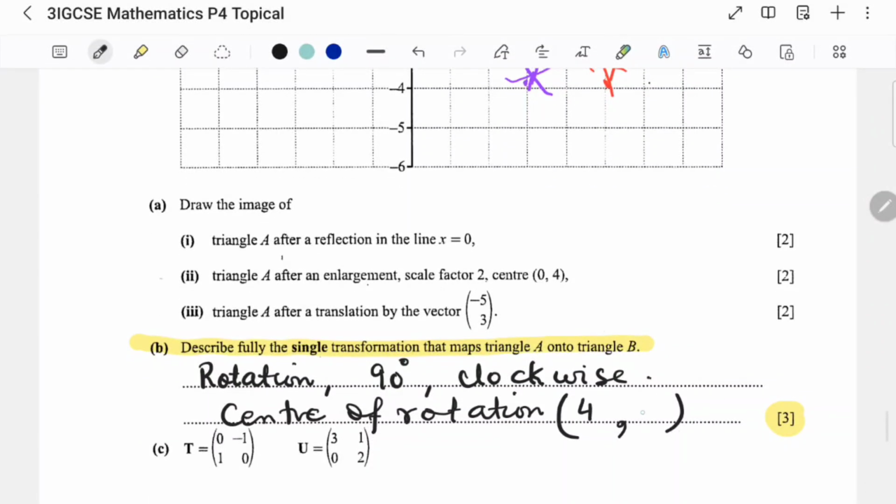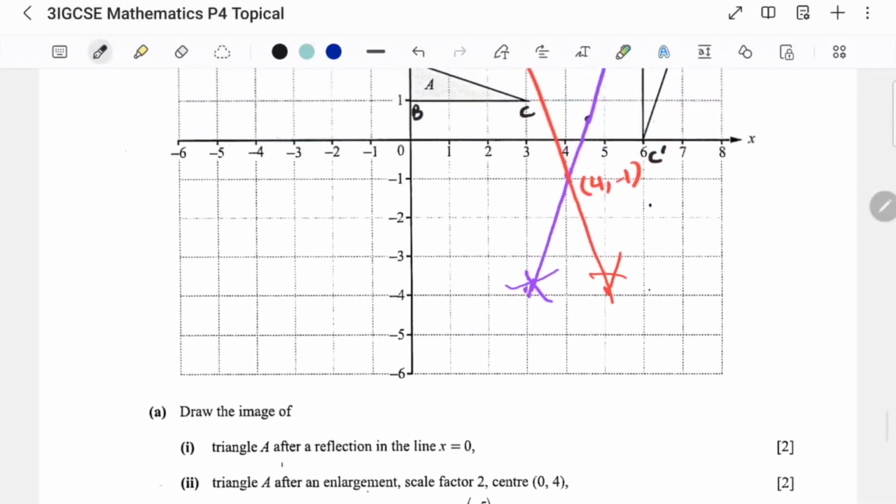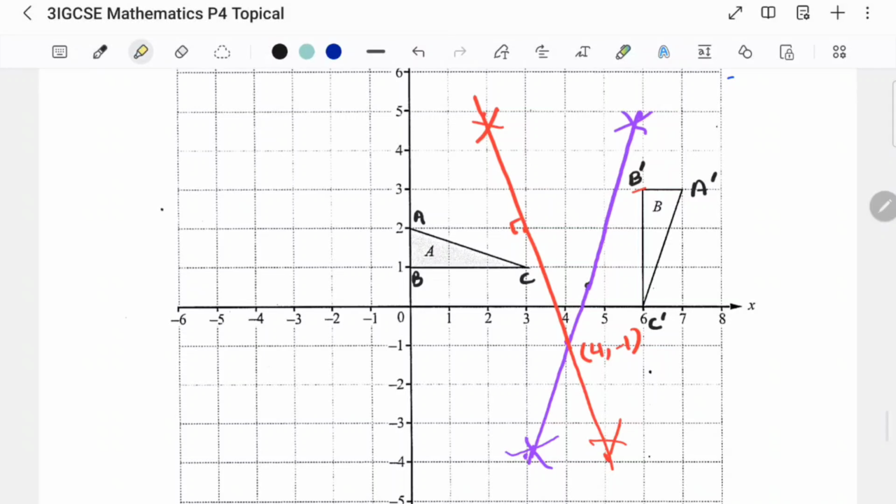Now if I check whether it makes a 90-degree clockwise rotation or not, you can see C to the center and center to its image is coming clockwise and making 90 degrees. So you can check like this as well.